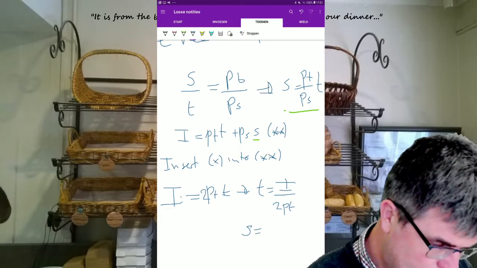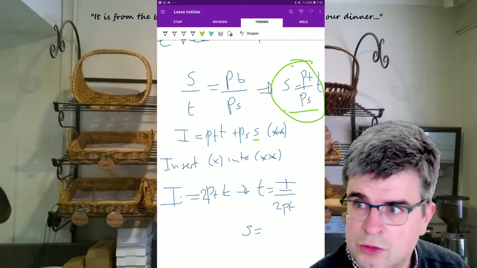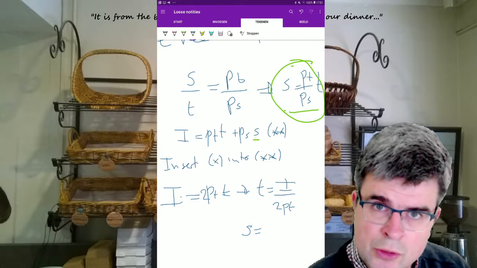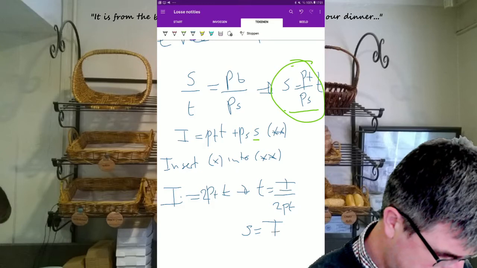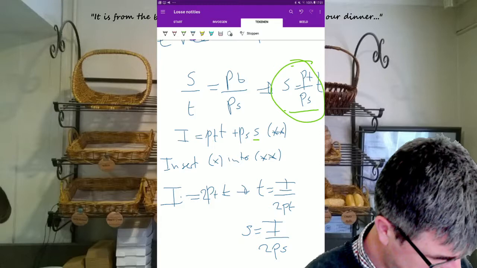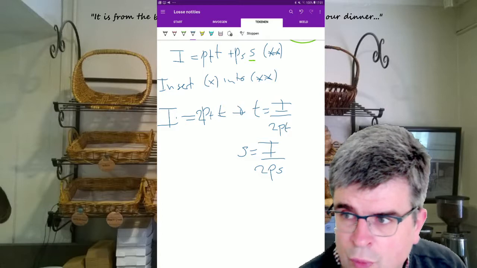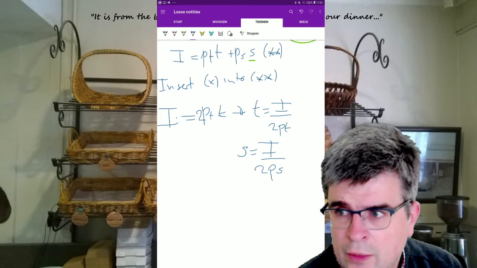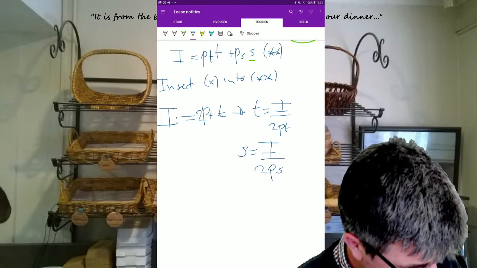And following the first equation, we know that in equilibrium, the number of sodas that we consume as a function of income and prices is income divided by 2 times the price of soda. And these are the compensated demand functions for goods S and T. So it's the equilibrium consumption of soda and Twinkies as a function of income and prices.